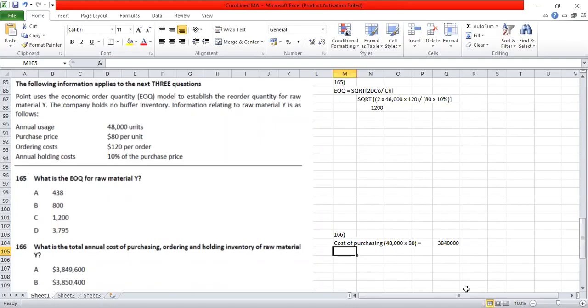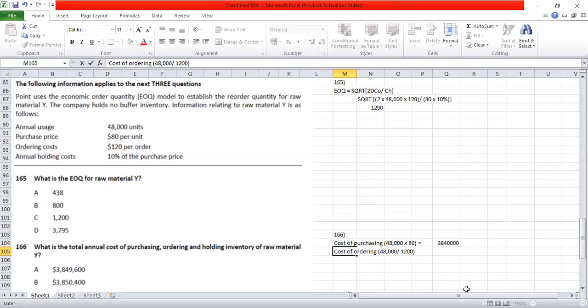The next part of it is cost of ordering. We have the cost given. Ordering cost is every time there is an order placed, it will be 120 per order. But then how many orders? That's the important thing. So cost of ordering will be, if in a year there is a requirement of 48,000, and every time they purchase, they would be purchasing only 1,200 units. So how many orders will they place? So 48,000 divided by 1,200.